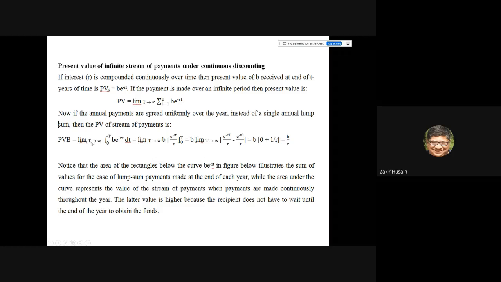Using the rules of improper integrals, if we assume that capital T tends to infinity, the integral should be evaluated from 0 to this T. And over here, we have found out this value. It's d by r. So this is the basis for the inverse relation between bond price and interest rate.